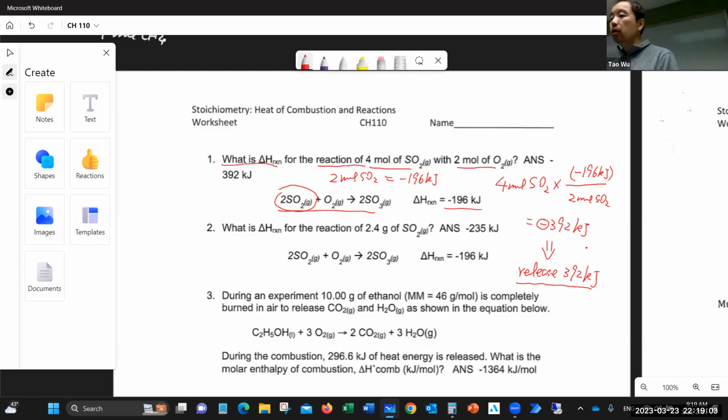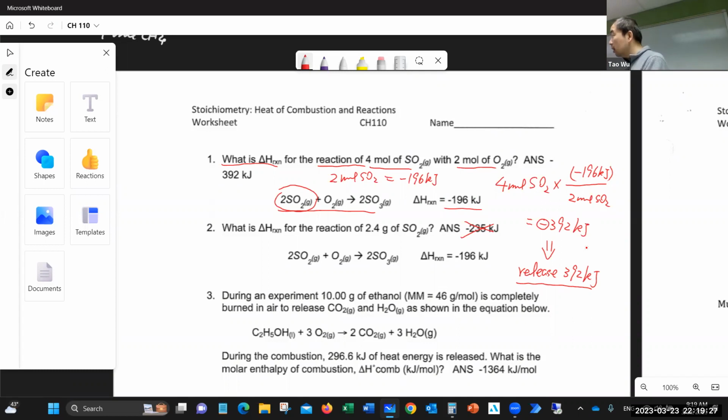Okay, so the next part is going further, and just to let you know, this answer is not right, so we need to finish this equation. This one talks about 2.4 gram of the SO2 instead of 4 moles of SO2. You see? Then what are we gonna do? Stoichiometry.